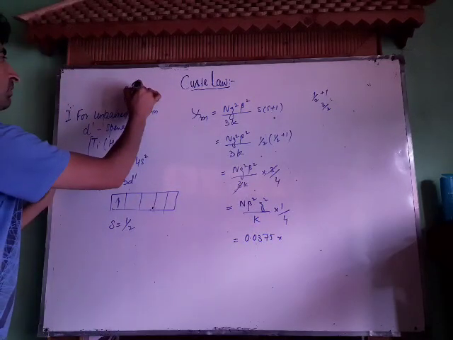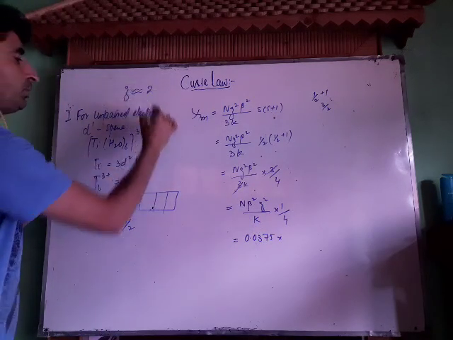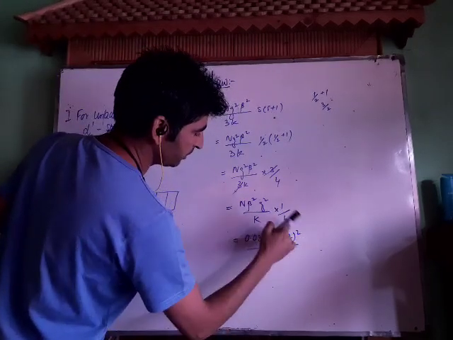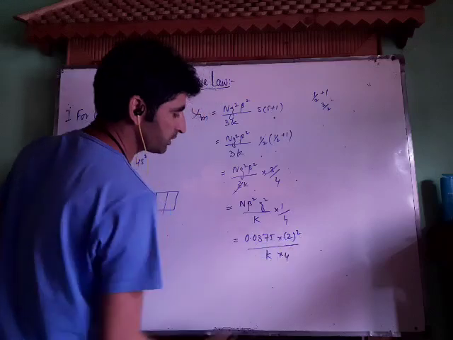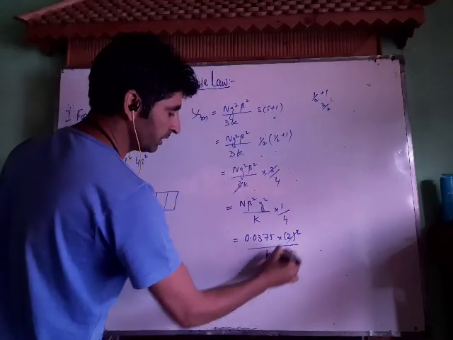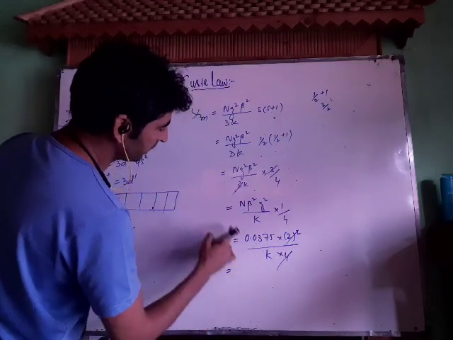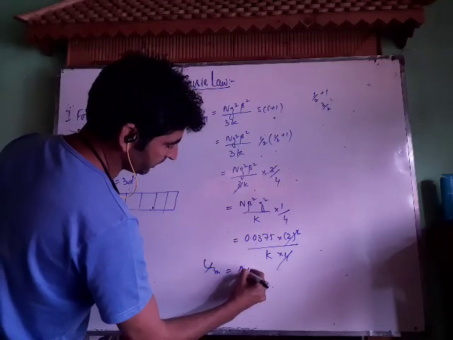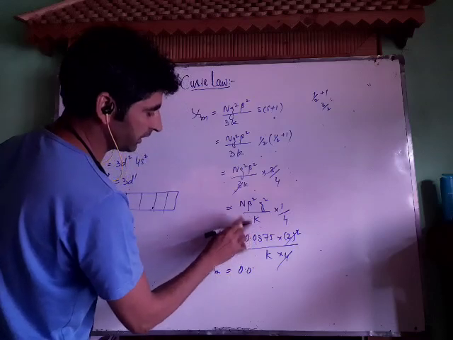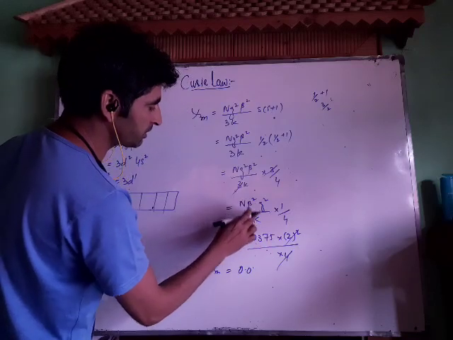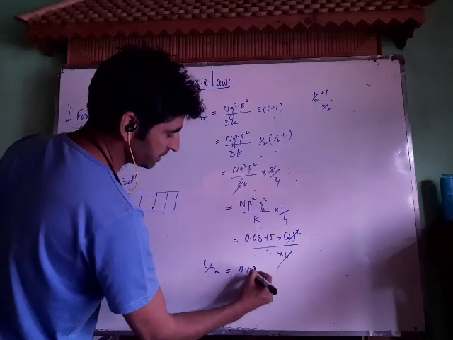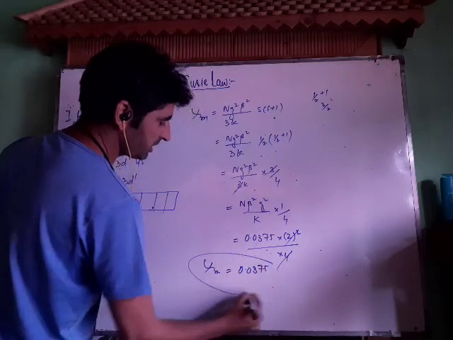I have already told you g is approximately 2 here, so into 2² divided by 4. This 2² is equal to 4, and 4 and 4 will go. Therefore, we get the value of chi-m equal to 0.0375.